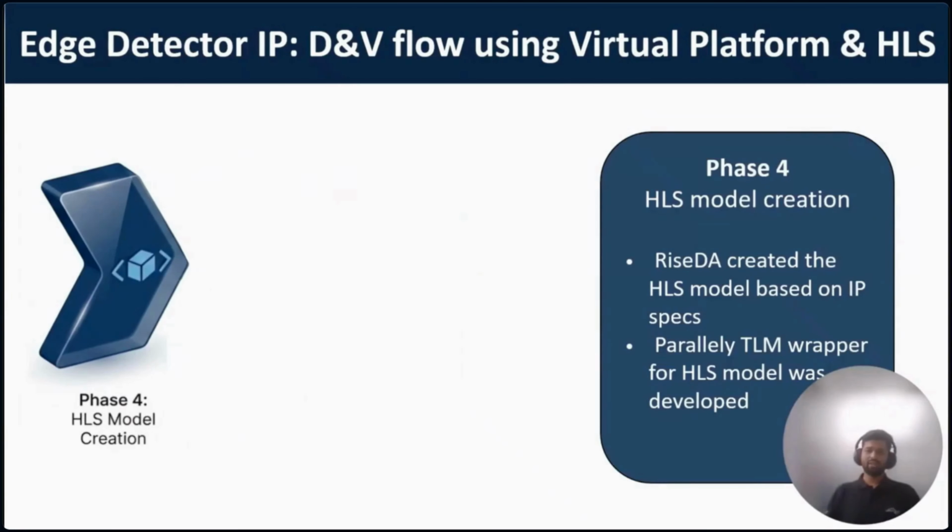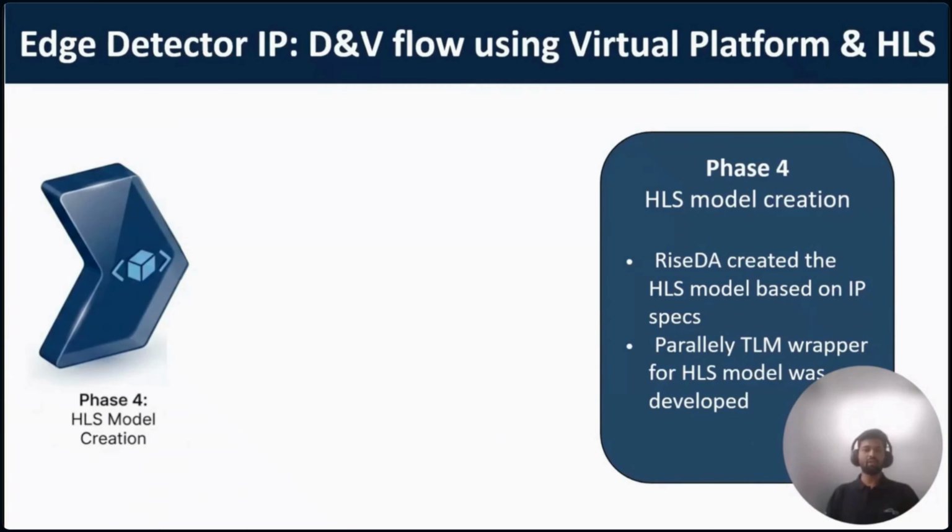With a validated, refined spec in hand, Phase 4 was developing the HLS implementation. The design team took the finalized specification and implemented it in HLS, writing the hardware behavior at a cycle accurate level that the HLS tool then synthesizes into RTL.